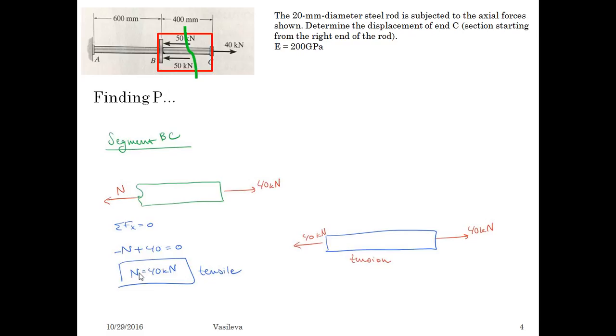So I end up with n equals 40 kilonewtons. That means that the way that I drew my force, this n, is correct. So it should be pointing outward from the rod. And so they're both pointing outward. That means that my rod is in tension here. So remember, tension is positive. Tension means the rod is being pulled apart. Okay, so now we have our n for segment BC.